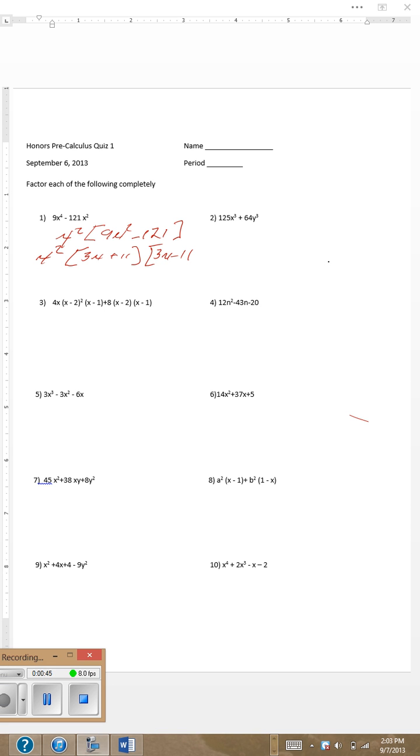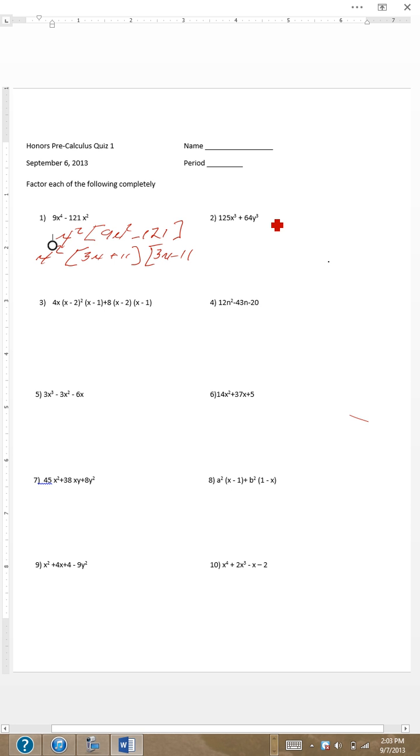So now let's take a look at problem number 2. Problem number 2 is a sum of cubes. Remember the sum of cubes: a cubed plus b cubed is going to factor into a plus b, and then a squared minus ab plus b squared.